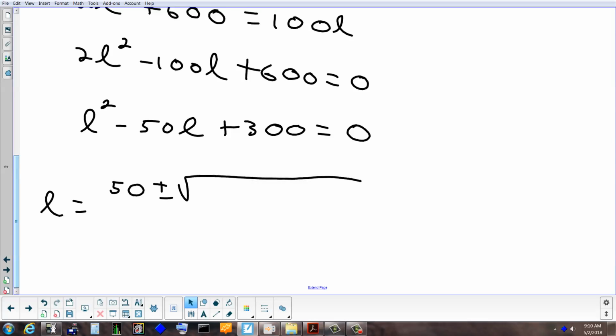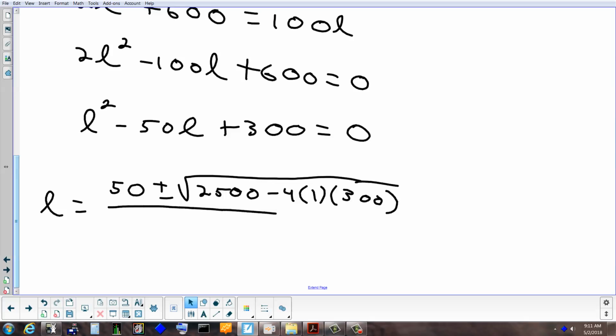B squared, which I'll do out. So 2,500, minus 4ac. So minus 4. What's A in this case? 1. And C? 300. Okay. Over 2A, which in this case A is 1, so it's just over 2 times 1, which is 2.